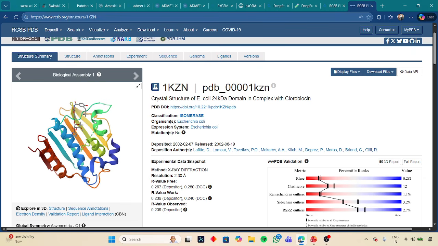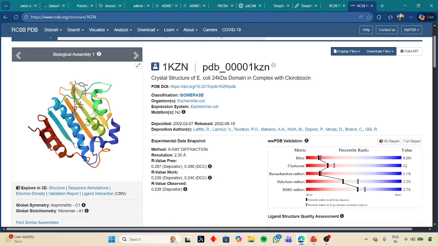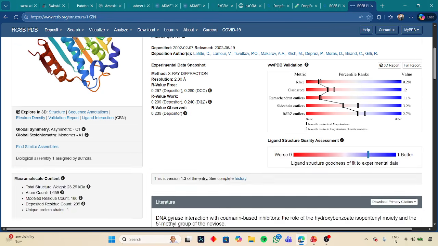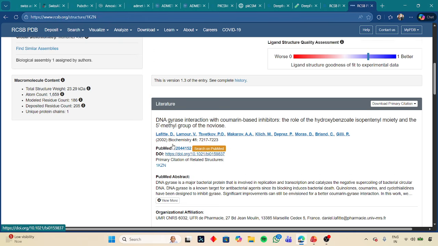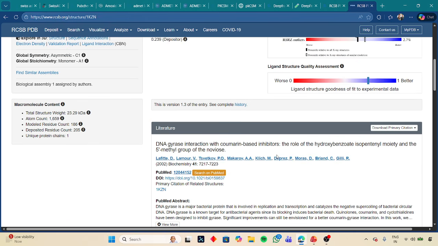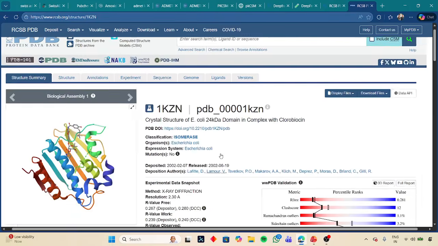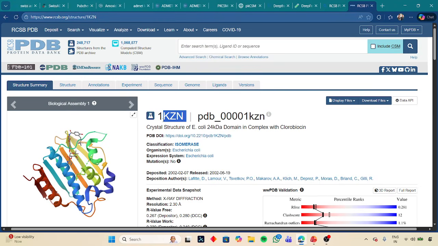This is DNA gyrase, present in the organism E. coli, and it interacts with a coumarin-based inhibitor. This work has been published in Biochemistry, this is the DOI number, these are the researchers who worked on it, and this is your PDB code, 1KZN.